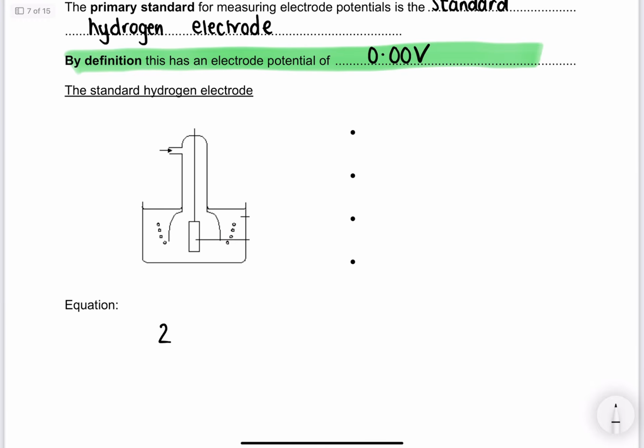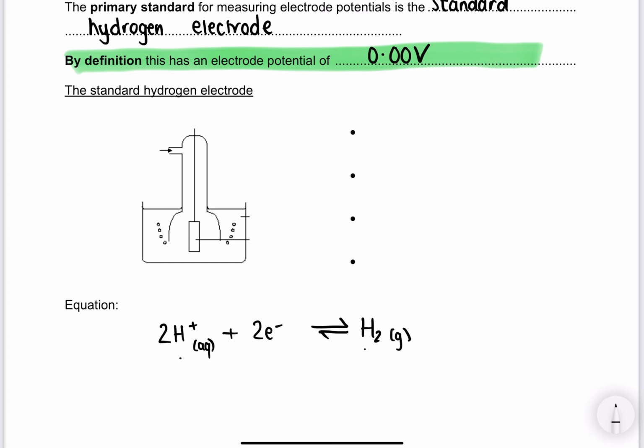Well, if I show you the equation for reduction of hydrogen ions to hydrogen, these are the two species in different oxidation states, and we can see that we need these two species in our equation.